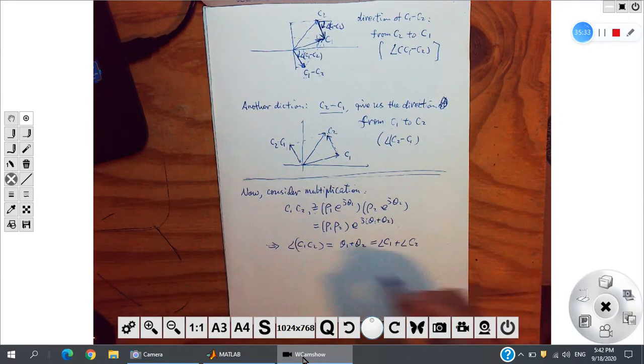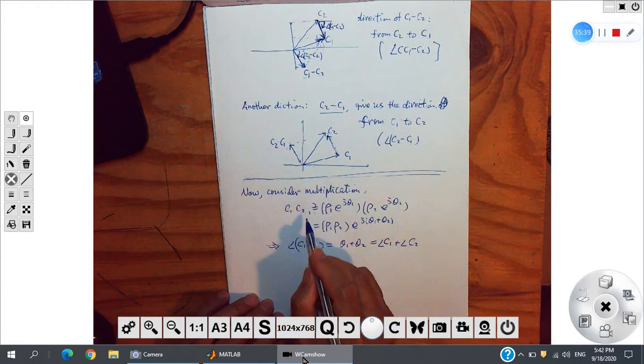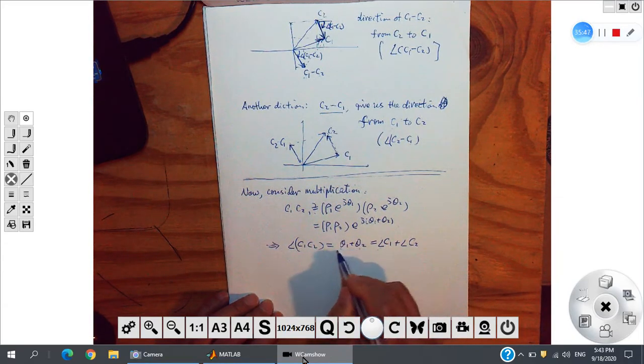Okay, it's a good feature, right? When we perform multiplication of two complex numbers, the resulting complex number will have an angle that is the summation of the angles of the previous two numbers. You have two complex numbers, each has a direction, each has an angle. Then you do the summation. That will be the angle of C1 times C2.